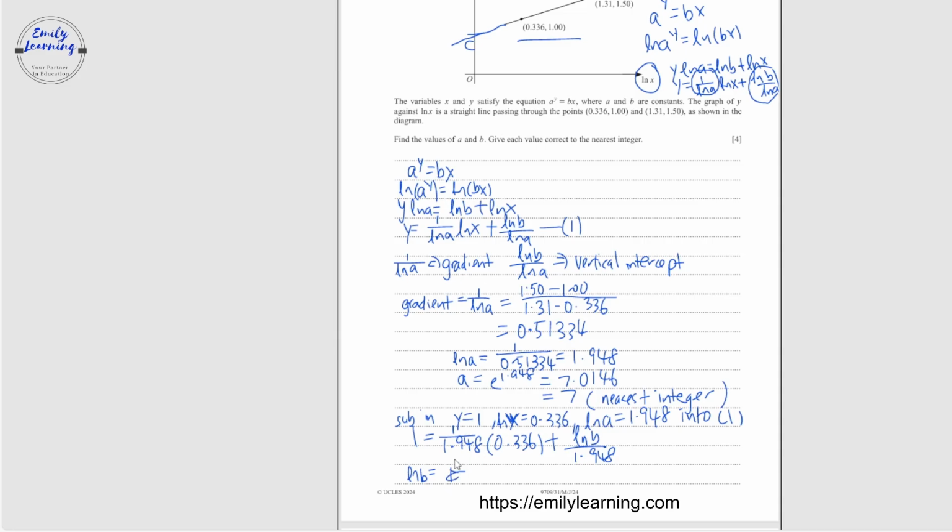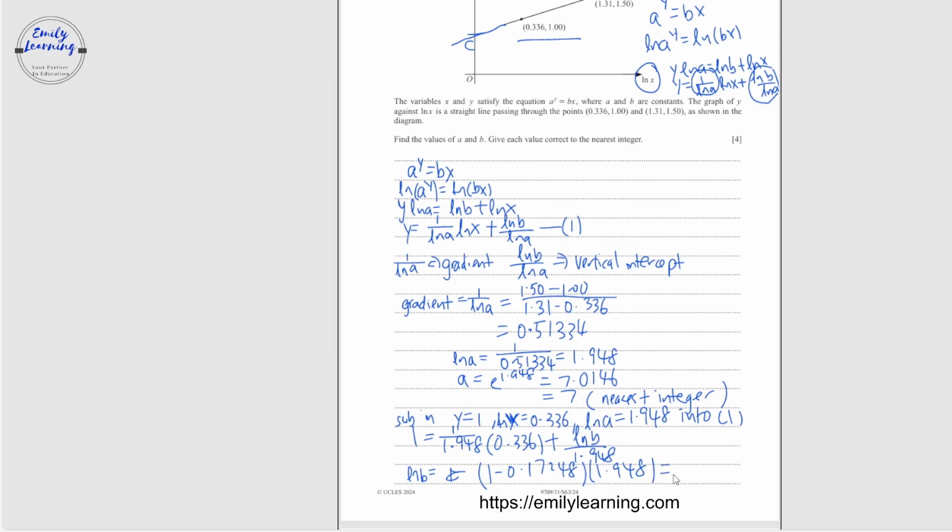Let me check. So this is 1 over 1.948 times 0.336, which is 0.17248. So I'll take 1 minus 0.17248, then multiply by 1.948.